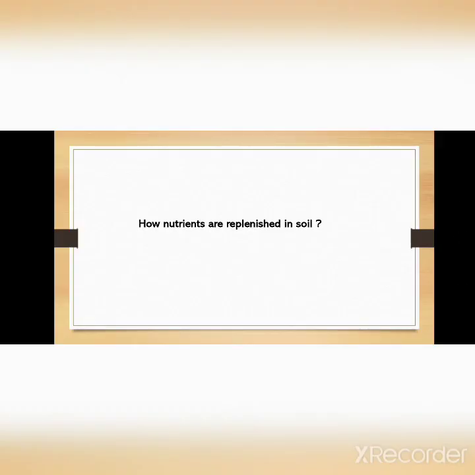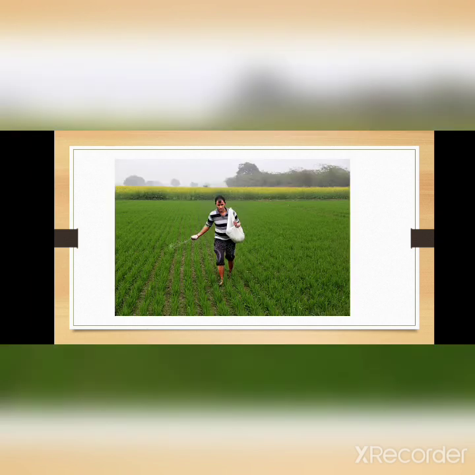Moving on to the last topic of the chapter, that is how nutrients are replenished in soil. Have you seen farmers spreading manure or fertilizers in the field? Do you know why they are added to the soil?